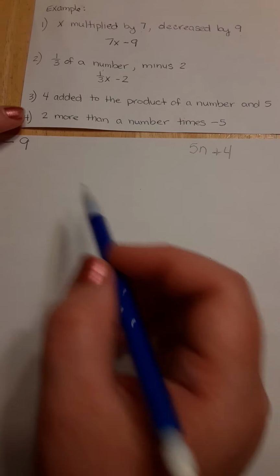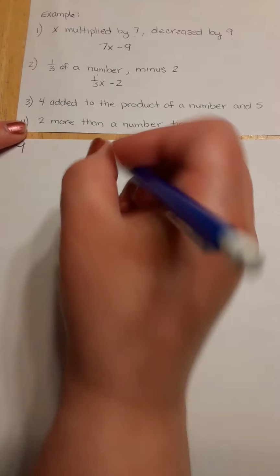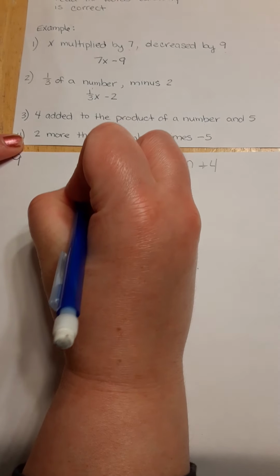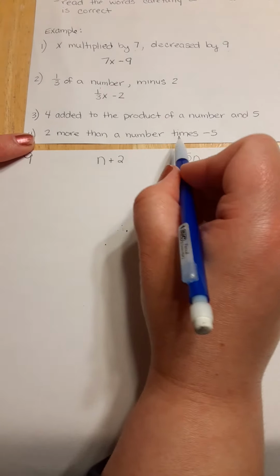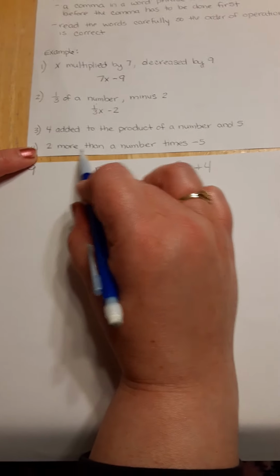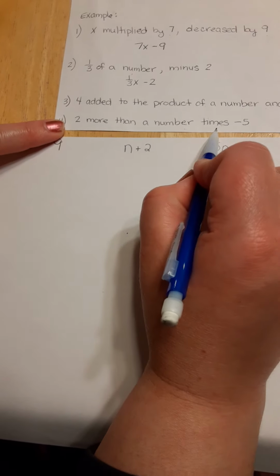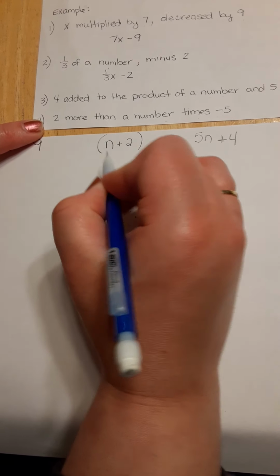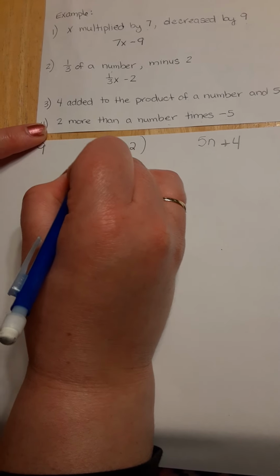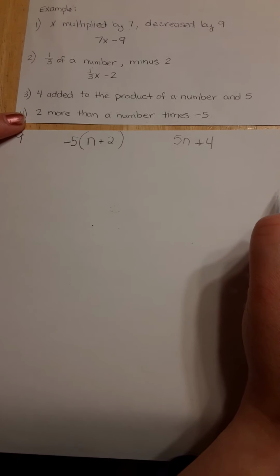So that's what's going on here. 2 more than a number. So here is my number, and I have to add 2 to it. But then the last thing says this whole thing, 2 more than a number, is times a -5. So this whole entire thing has to be multiplied by a -5.